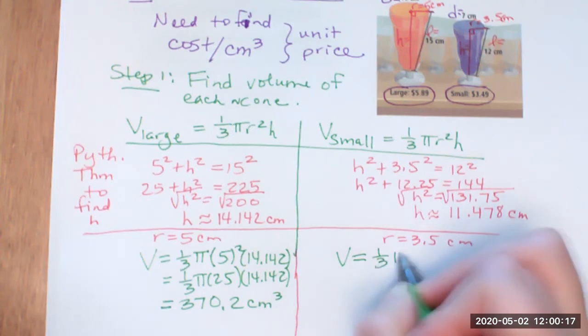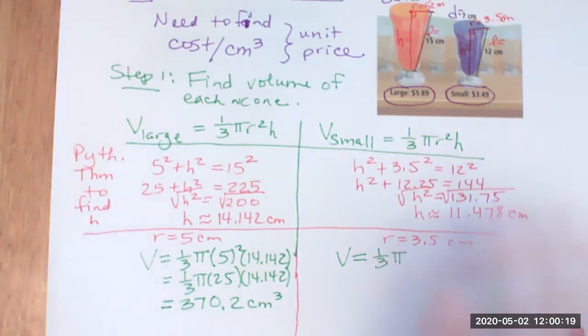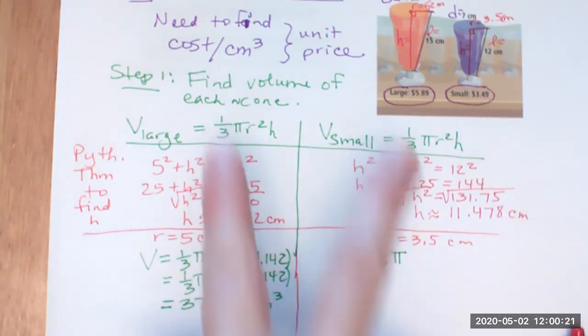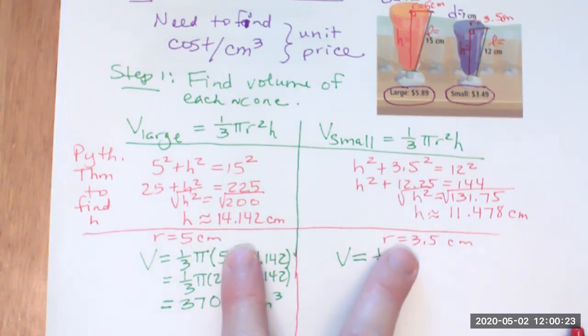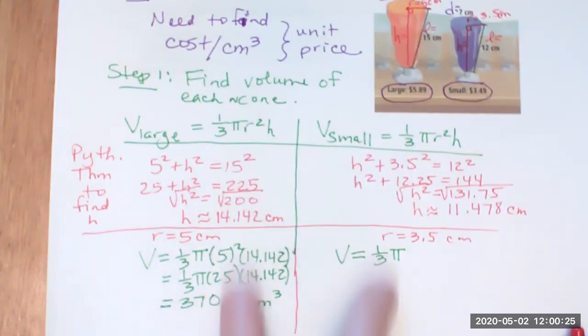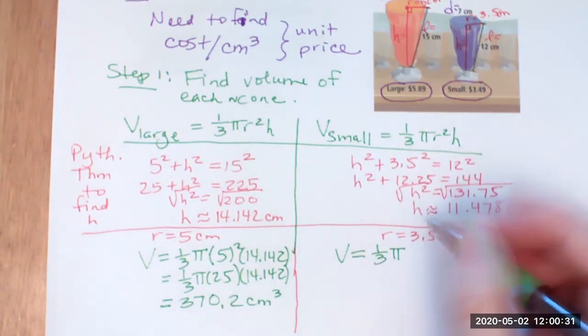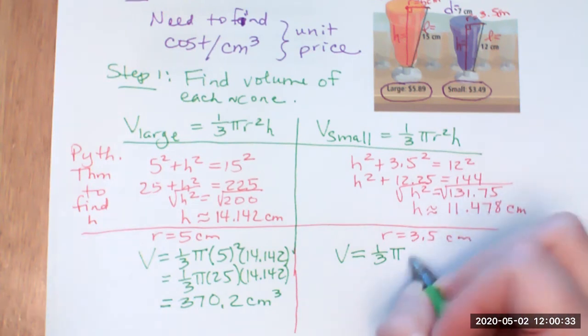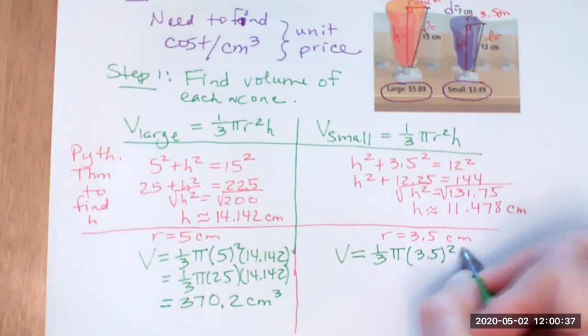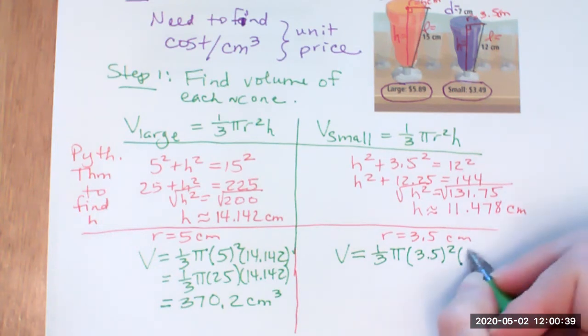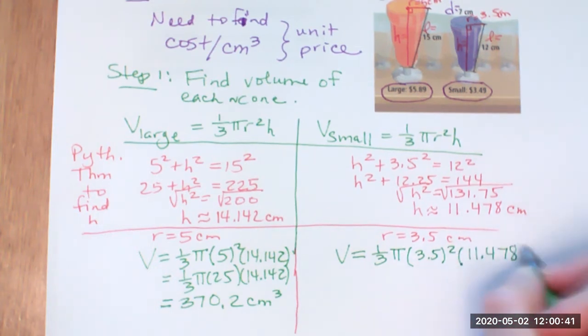It's useful when you're doing a problem like this where you have to do two examples following the same steps to do them in parallel, at the same time, because it keeps everything organized. So I've got 3.5 squared here for the radius squared, and then the height is 11.478.